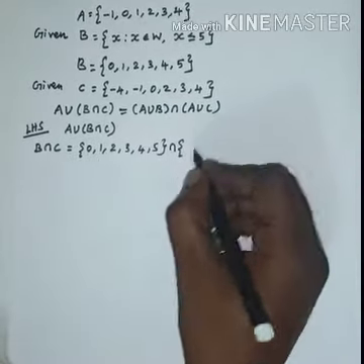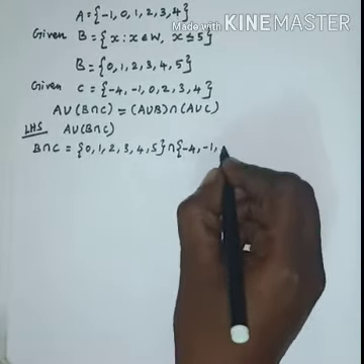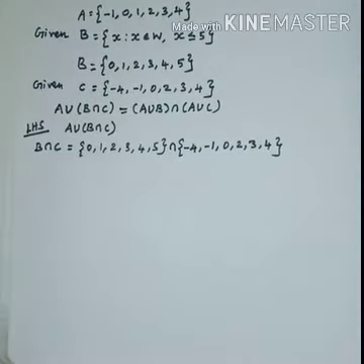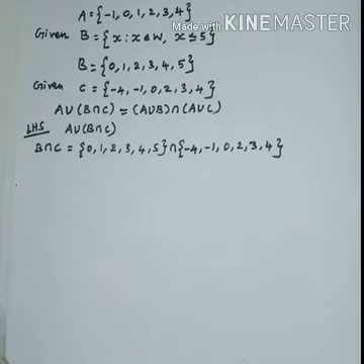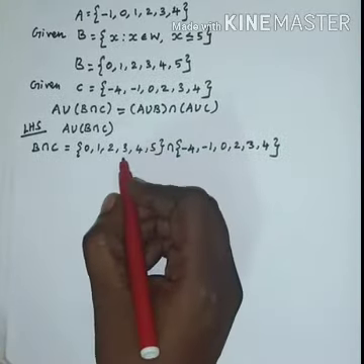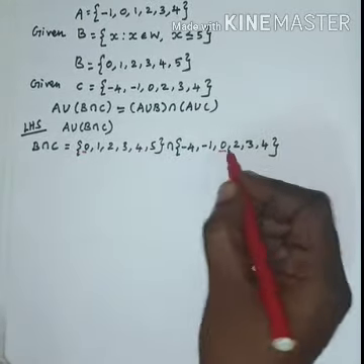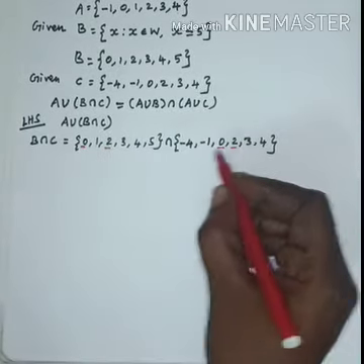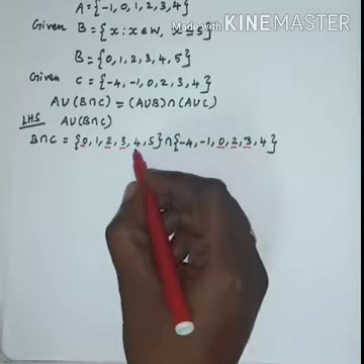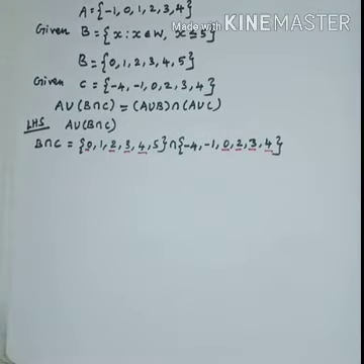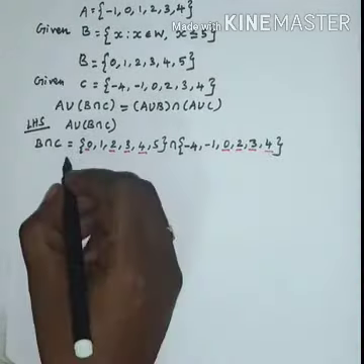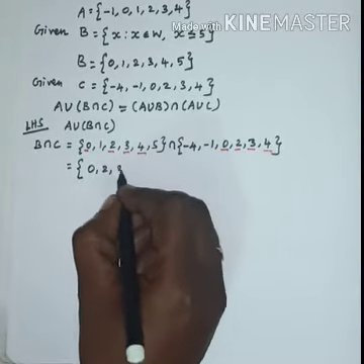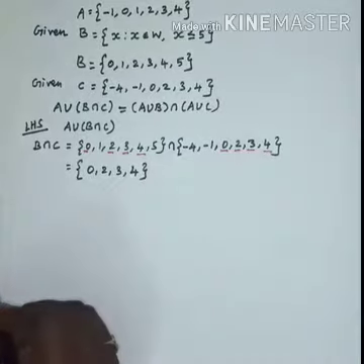The elements of C are -4, -1, 0, 2, 3, 4. The intersection symbol means the common elements in both the sets. What are the common elements? 0 is the common element, and then 2 is the common element, 3 is the common element, and 4 is also the common element in both the sets. Therefore, B intersection C is equal to 0, 2, 3, 4. These are the common elements.